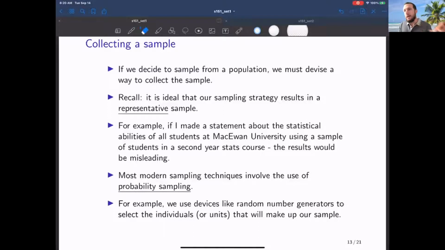When we hand pick or select observations to enter our sample based off of, in that case, convenience, or just based off of the information that's readily available to us, we run the risk that we're not going to get what's called a representative sample. And when we say representative, we mean a sample whose characteristics align with the characteristics of the population.